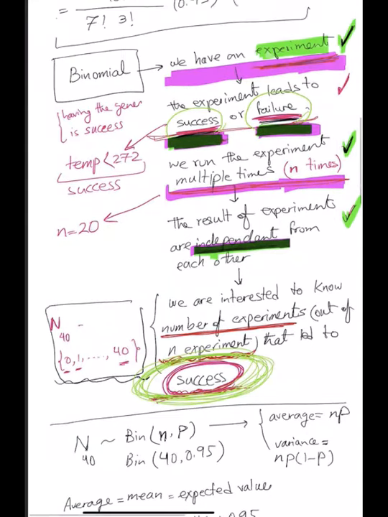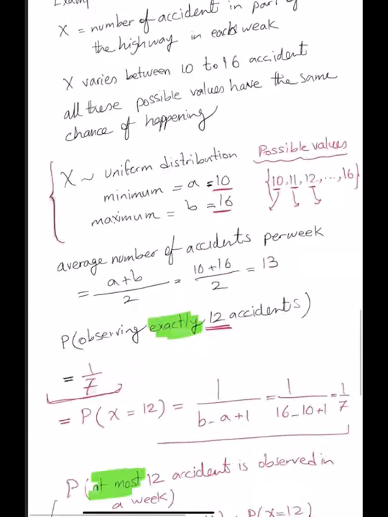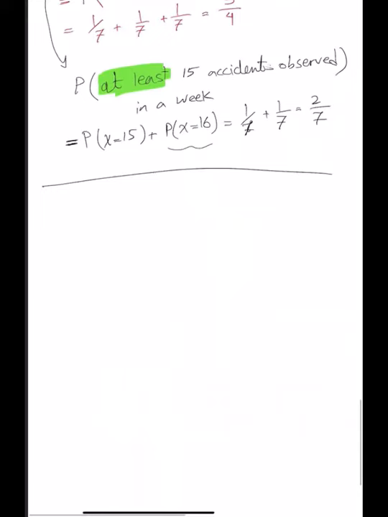Okay, so this has everything that is the setup of a binomial random variable. So here, this is what I have. I have a random variable, I call it N20, because the lowercase n is 20. We run the experiment 20 times. And this has a binomial distribution with n, which is the total number of times that I run the experiment, equal to 20.